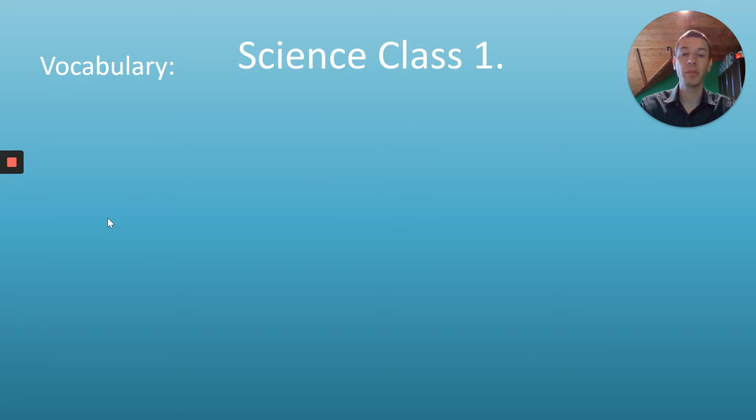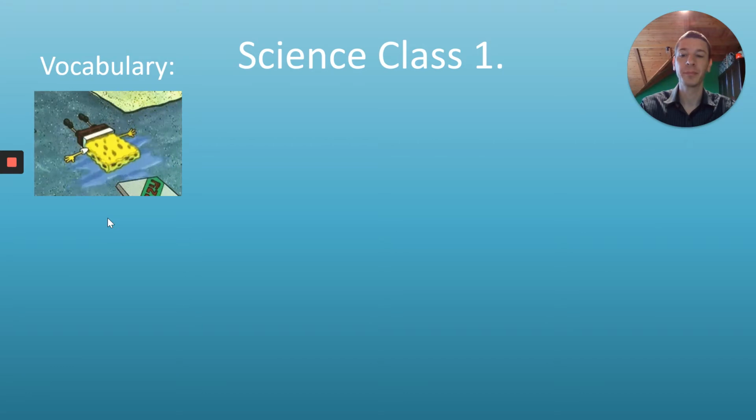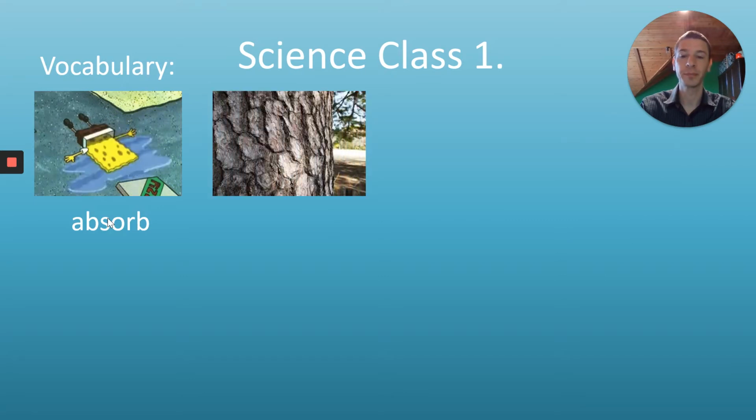Let's start with some new words. Absorb. Absorb is a verb which means that an object soaks in water. Bark. Bark is the outside part of a tree trunk that protects the tree.